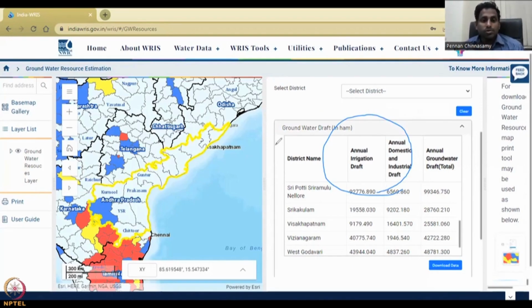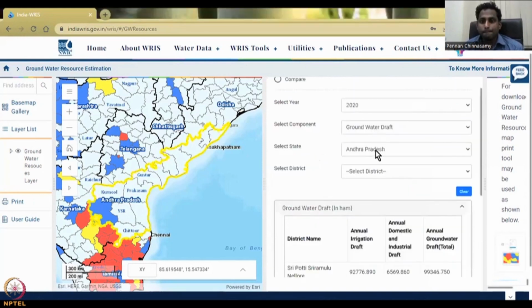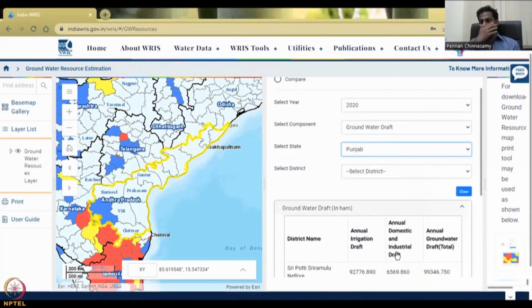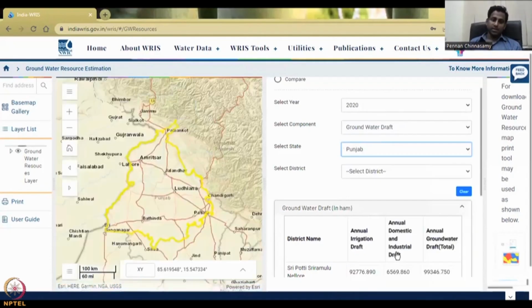Okay, so now I'm going to take one more district just to show the change. Let's take one in Punjab. So I've selected Punjab.